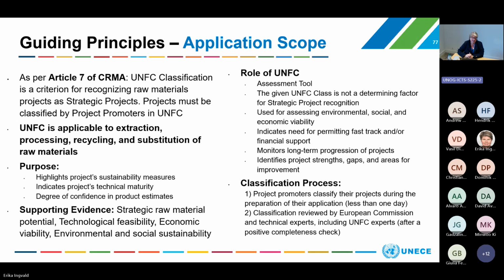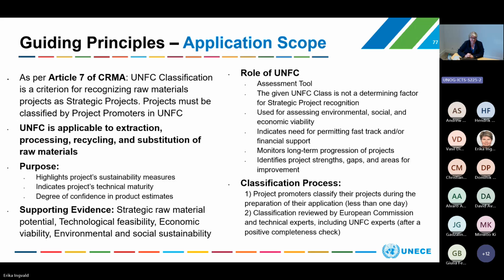And the purpose with using UNFC is that it highlights sustainability measures, indicates technical maturity, and the degree of confidence in product estimates. And it's a fast way to get an overview of all the strategic projects within the Union or connected to the Critical Raw Materials Act.